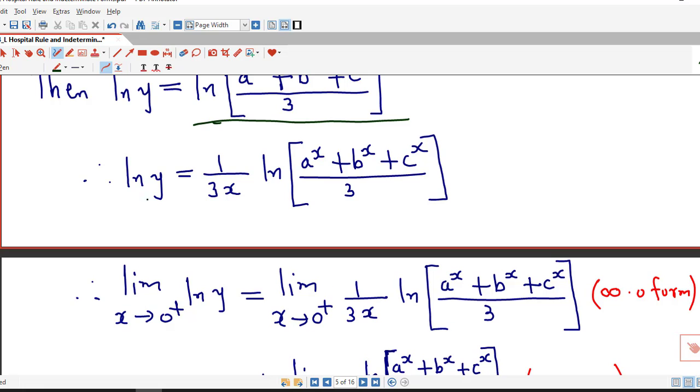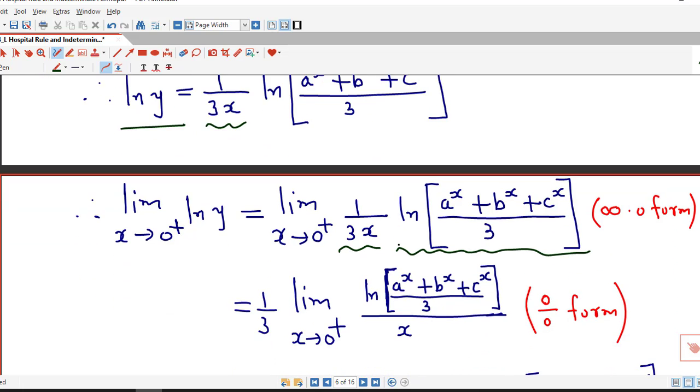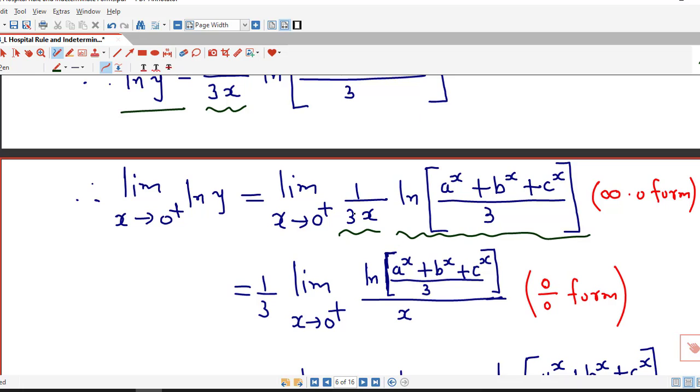Now if we apply limits on both sides, the limit of log y as x approaches 0 equals the limit of 1/(3x) times log of this bracket. Now here we can take 1/3 outside, and if we check for this, 1/x is 1/0 as x approaches 0, so 1/0, which is infinity, and if we take x equal to 0, here we will have log 1, that is 0.